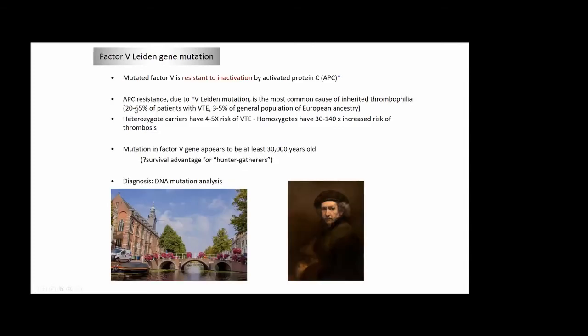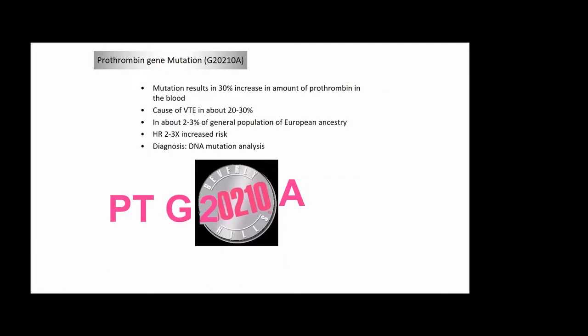I should say that factor V Leiden is even more prevalent among those individuals because it's slightly more common and slightly more potent. So about 2 to 3% of the general population of European ancestry harbors this mutation, and the hazard ratio is a pretty modest 2 to 3 times increased risk over baseline. It's also a DNA test, so it also requires the patient to sign written consent in New York State.